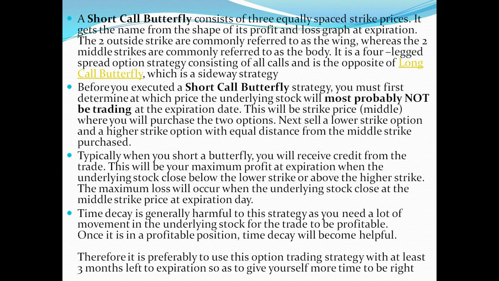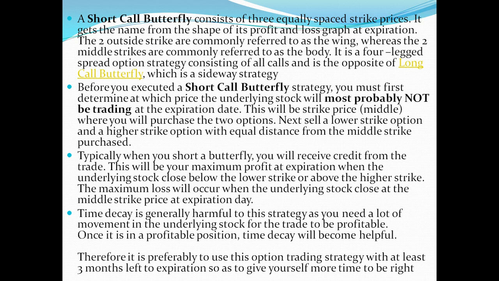This will be your maximum profit at expiry when the underlying stock closes below the lower strike or above the higher strike. The maximum loss will occur when the underlying stock closes at the middle strike price at expiry. Time decay is generally harmful to this strategy, as you need a lot of movement in the underlying stock for the trade to be profitable.